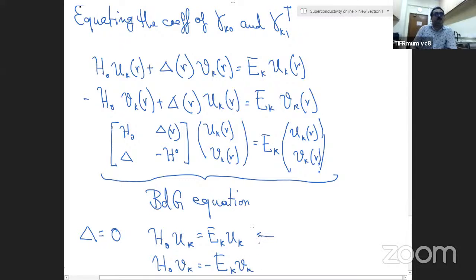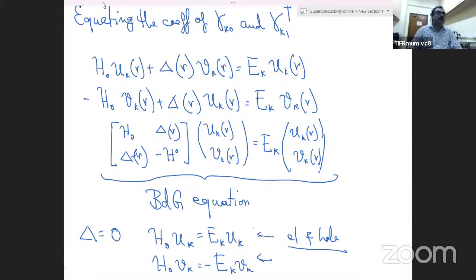So this is the well-known equation for electron and hole. But if I am dealing with a superconductor, then I have this delta of R here, which means that these two equations are no longer decoupled, but they get coupled through these two cross terms. Therefore, if I have to solve it, I have to solve the full matrix equation.